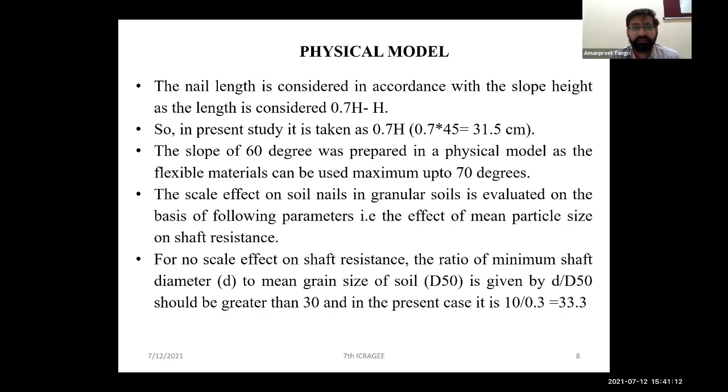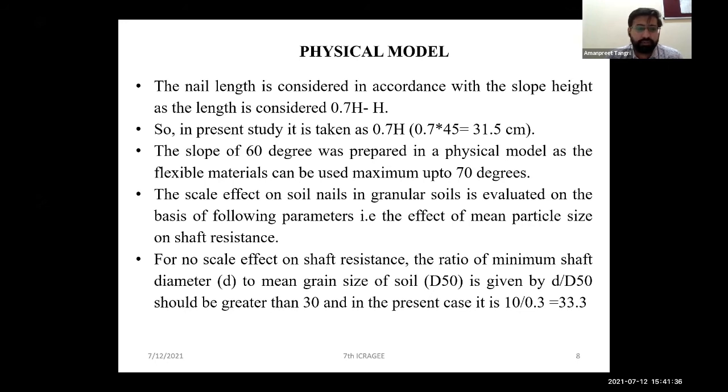The nail length which we are considering was in accordance with the slope height, and its length could be considered from 0.7 H to H. So in the present study, it was taken as 0.7 times 45, that is 31.5 centimeter. Slope was taken as 60-degree in this physical model, and as the flexible material can be used maximum up to 70-degree.